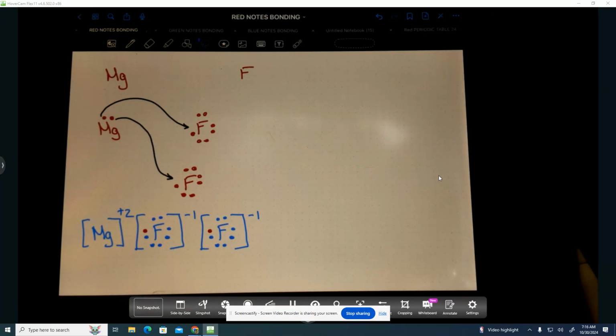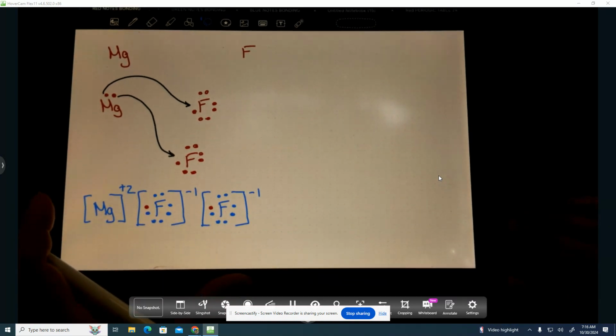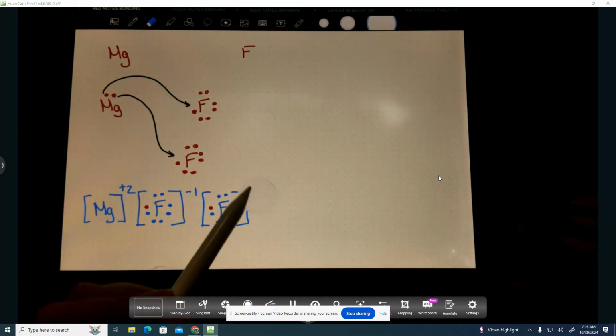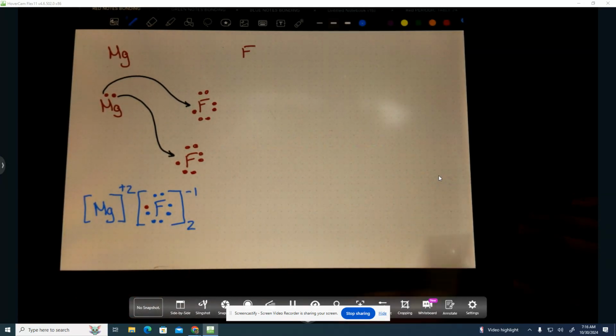Okay, when am I allowed to write the little 2 on the bottom? When that little 2 called a subscript, right? If, let's say I wanted to be lazy, I could actually take this and I could put a 2 here. It just means there's 2 of whatever's written in front of it. So, yes, you could put a 2 there. You could put 2 of these fluorines and 1 of these magnesiums. Okay?